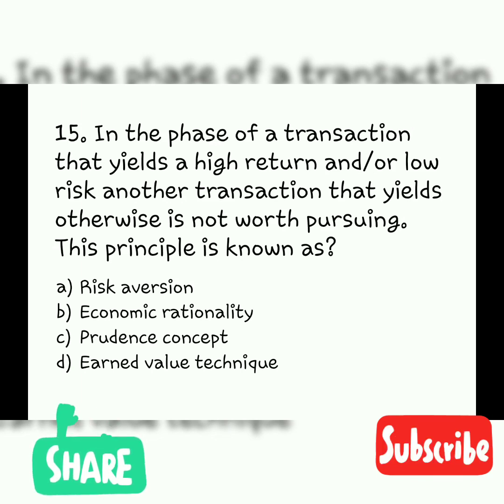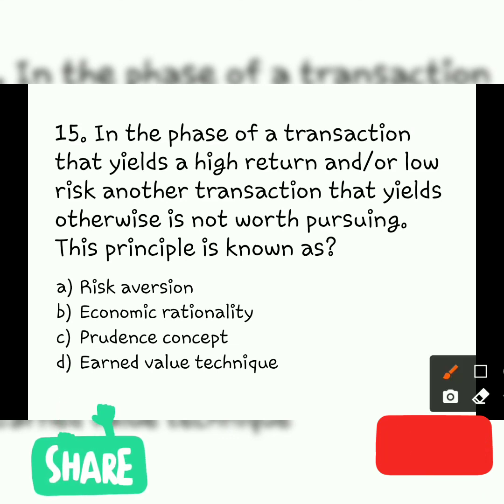Is it risk aversion, economic rationality, prudence concept, or end value technique? So the answer is the principle of economic rationality, which stipulates that we always go for the transaction that will give us high returns with the lower or the lowest risk.